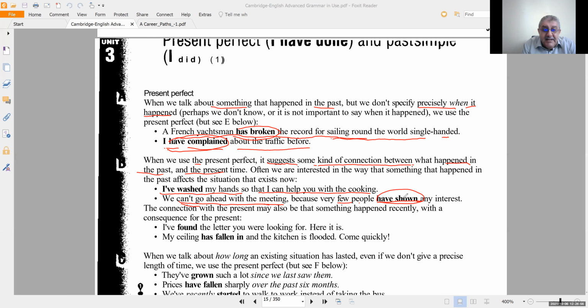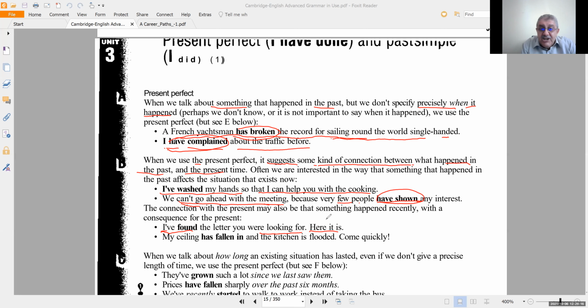بعدين مرات عندنا نربط الماضي أو المضارع مع حدث وقع قبل شوية. شوفوا هذه الجملة: I found the letter you were looking for.